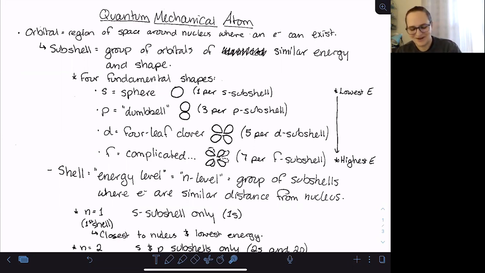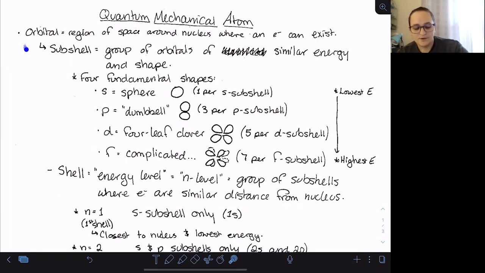Complicated is good enough to know. But you should know that there are 7 F orbitals in an F subshell, and that the order I have listed these in, S to P to D to F, is listed from the lowest energy to the highest energy within the same shell, which is our next level of organization.